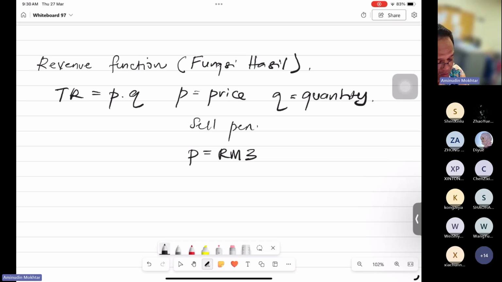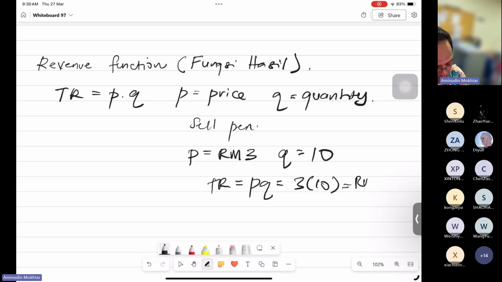Each pen is sold at 3 ringgit. If you manage to sell a quantity of 10, what is your total revenue? Total revenue is equal to PQ, equal to 3 times 10, equal to RM 30. That is the total revenue, the basic concept of total revenue.